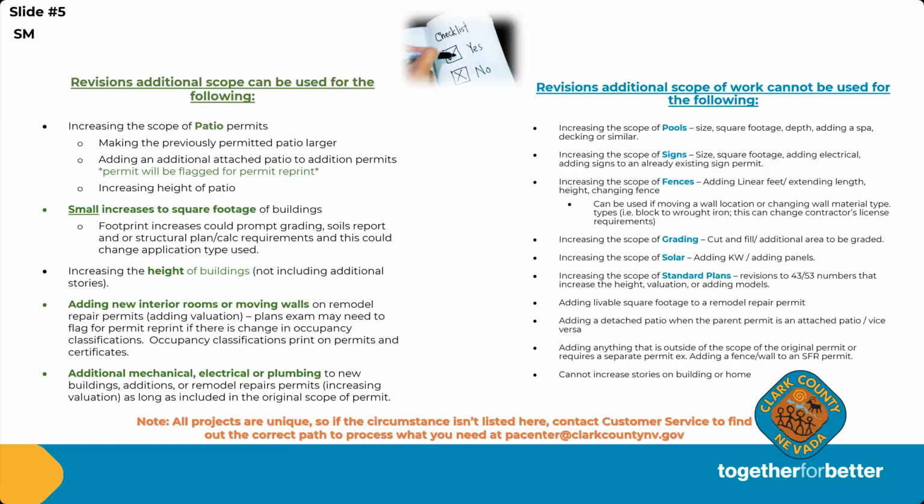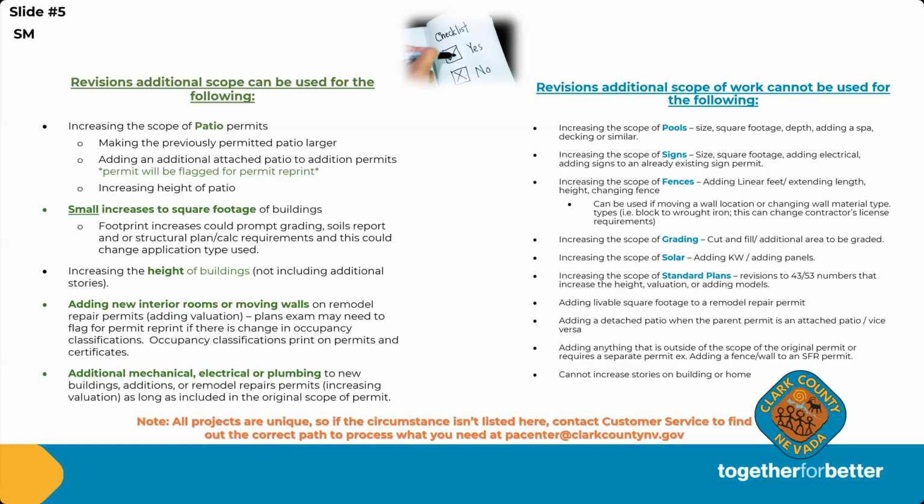Standard plans, they are just as what they are called, standard. That's where we have tract homes or maybe condo buildings where you have a building type 1 and you're going to build it 20 times. So we will approve it under a 43 number, and then we kind of copy that number every time you build it.